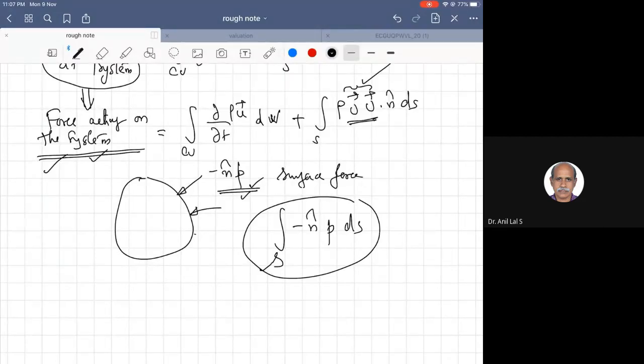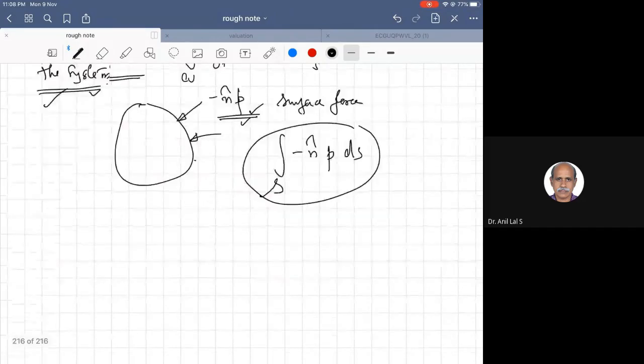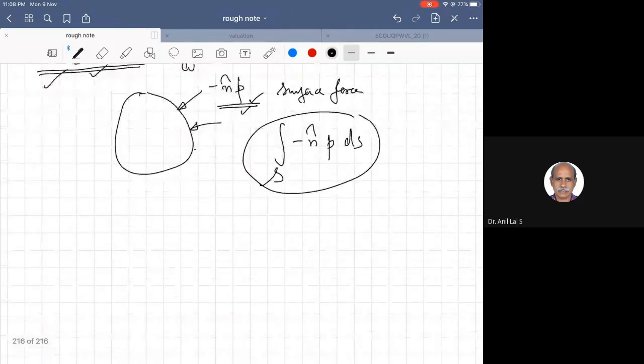Navier considered the force due to viscous stresses also, thereby giving the Navier-Stokes equation. For that, he used the Stokes relations. For this derivation, let us restrict ourselves to incompressible flows.